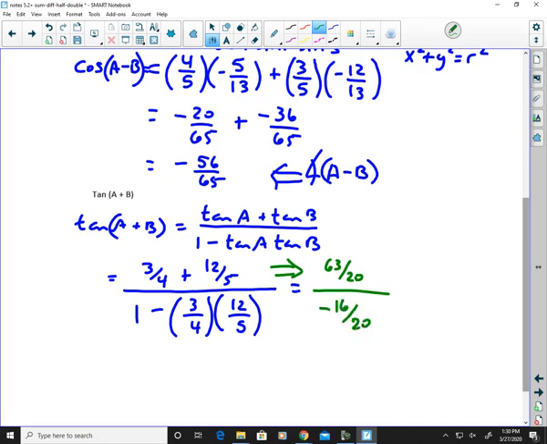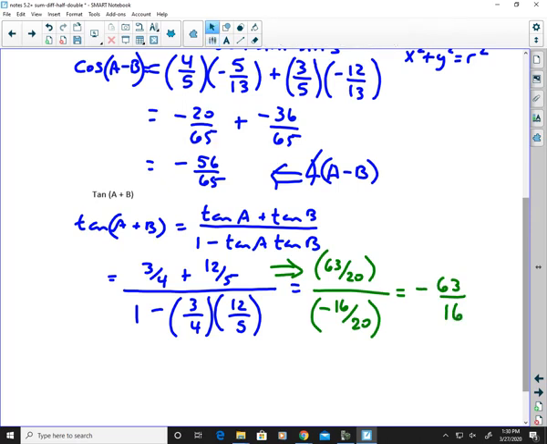Then look for things that cancel, or put parentheses around it and have your calculator do it. Parentheses are essential in this case. Math fraction, and you get negative 63 over 16. The negative can float around like that.